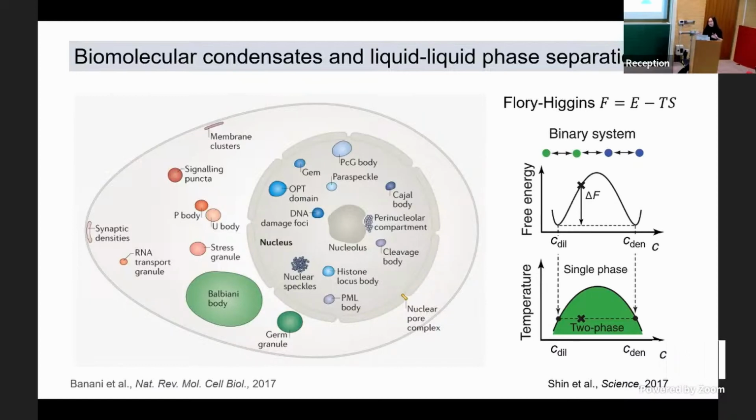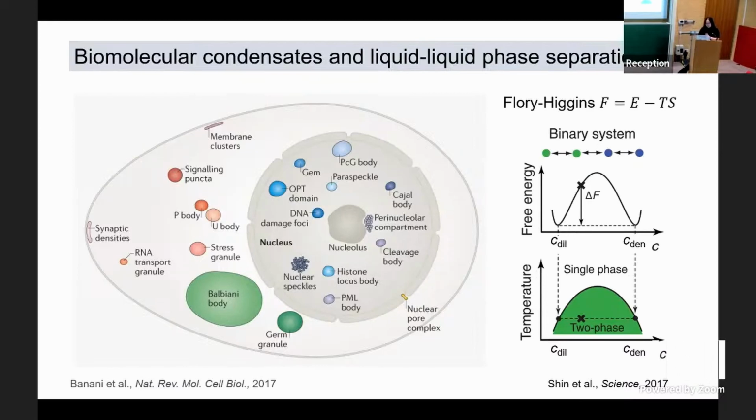If instead you are in a well-mixed state at that temperature, you do not have this high entropy, and you also do not have this low energy. So the well-mixed state becomes unfavorable, and that is why the system phase separates.